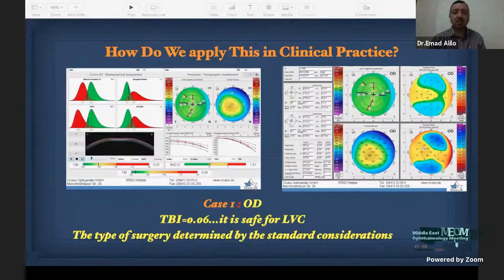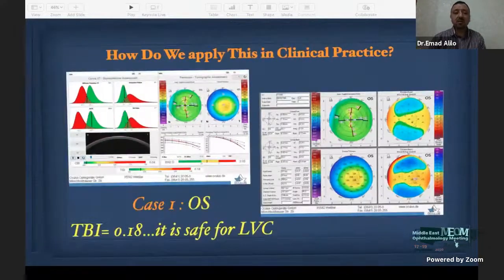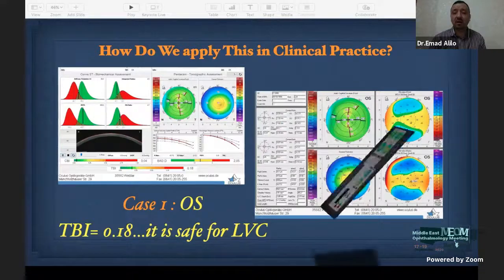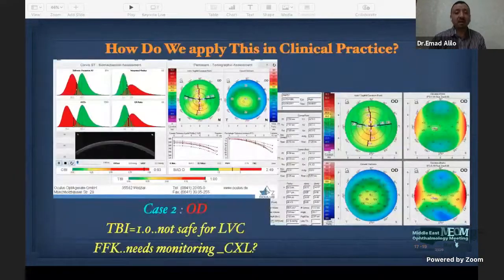In this case, if we look at the other eye, it also shows us that the TBI is 0.06. So it is safe to cut even with this suspicious corneal topography. If we go to the other eye, on the other hand, we can see that this cornea has very bad biomechanics, with a CBI of 0.1.